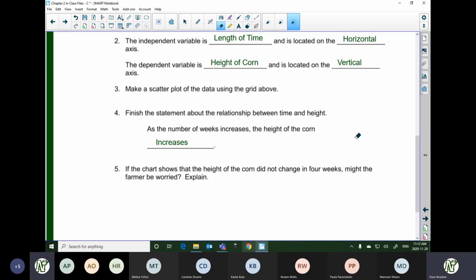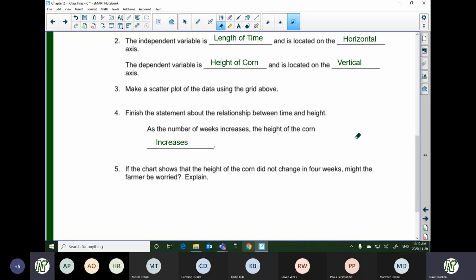Yes or no? You guys in here, I'll ask you in a second to put your hand in the air for yes or no. But I want to see what people think here. Should the farmer be worried if the height of corn didn't change for 4 weeks? Just type in yes or no.